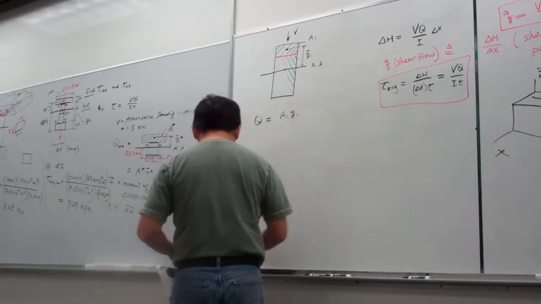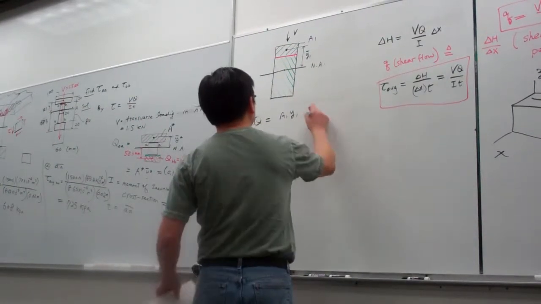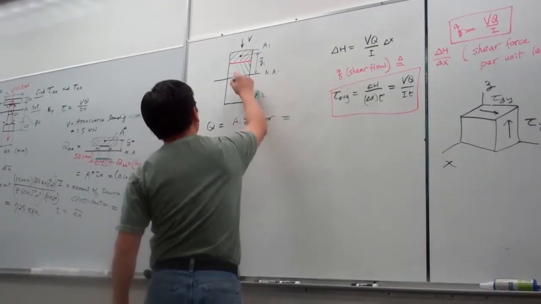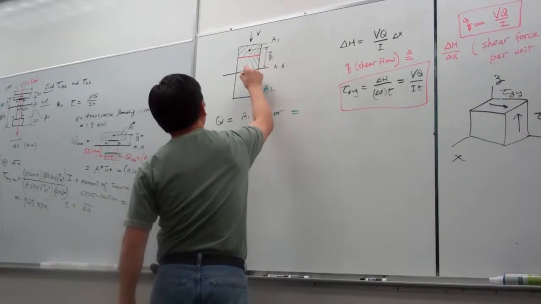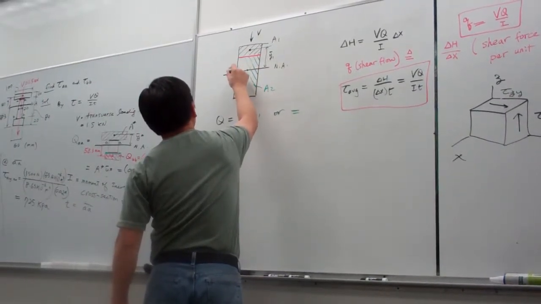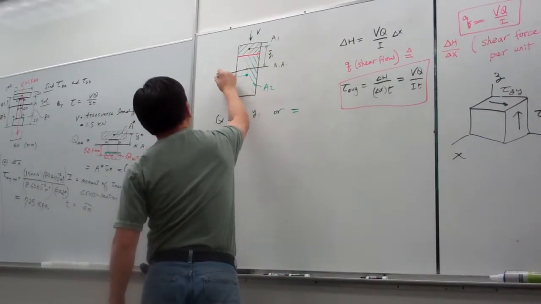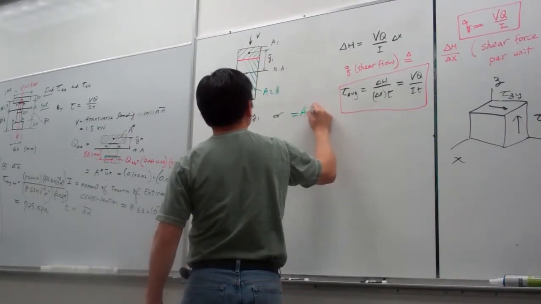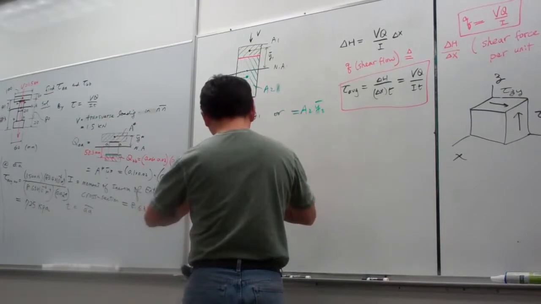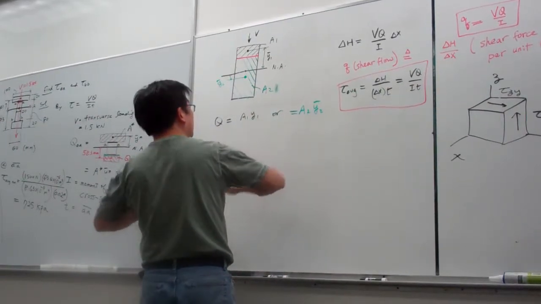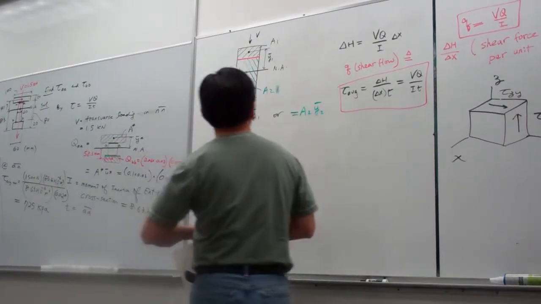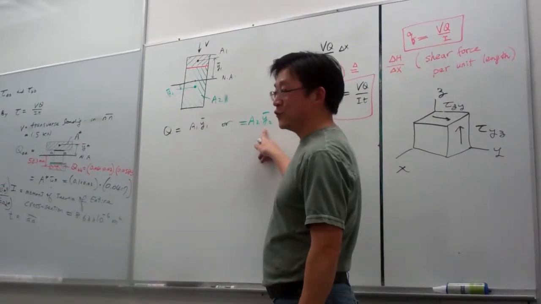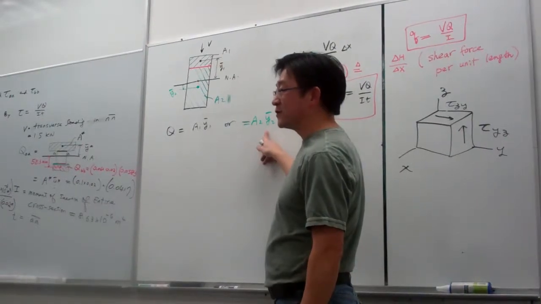Q will equal, let me call this A2, and for this green one this is the centroid, to here is Y2 bar, so A2 Y2 bar. Either this one or this one will be fine in terms of magnitude.